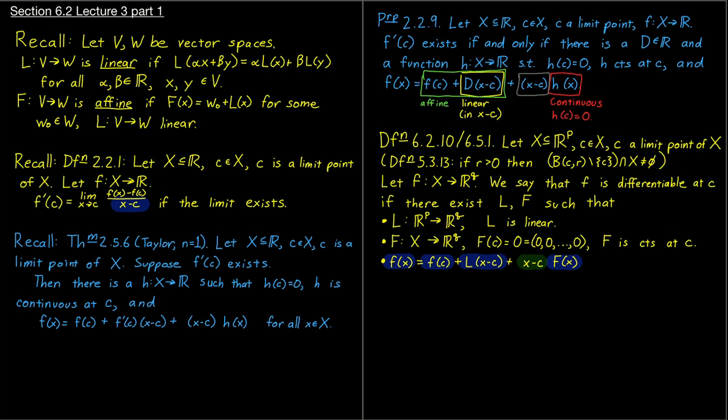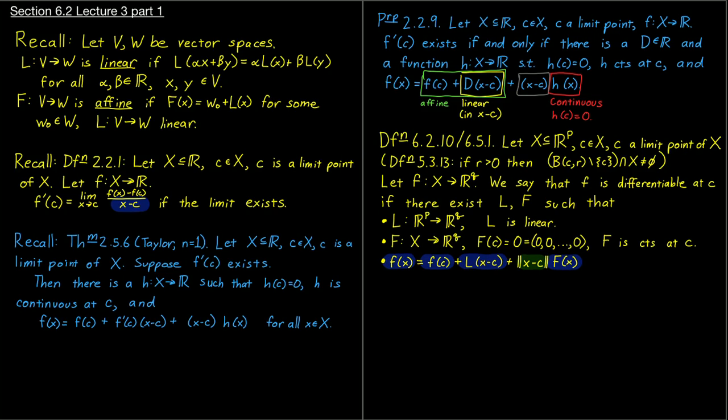I don't want to try multiplying vectors by other vectors. I mean, you can do it. You can make up ways for that to make sense, but I don't want to do it. I would rather multiply by a scalar. So what I'm going to do is, instead of multiplying by x minus c, I'll multiply by the norm of x minus c.